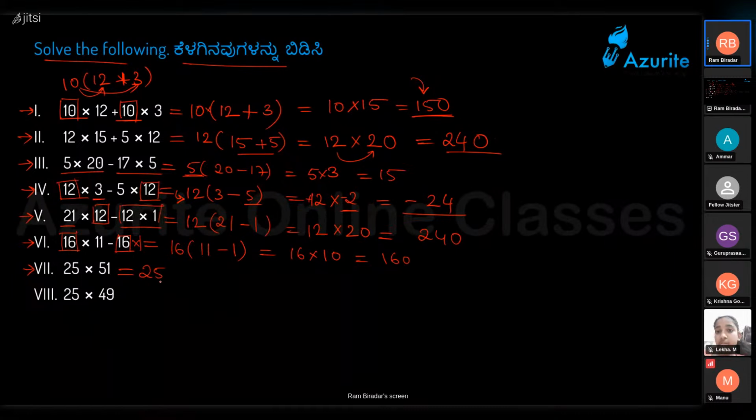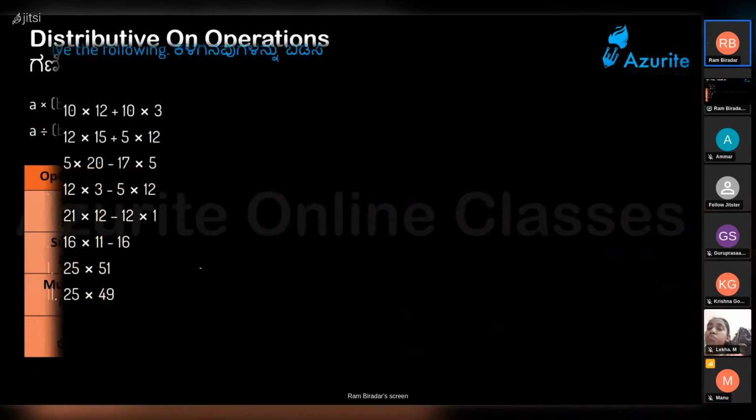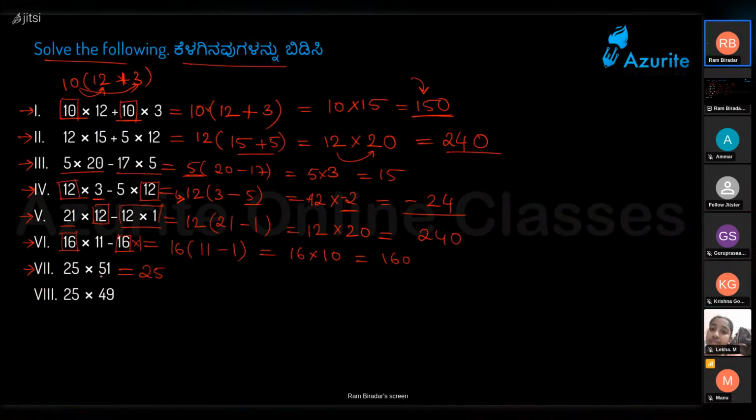Last time I explained this, remember? 15 into 32, how did we do it? Did we write 32 as 30 plus 2? Can we write 15 like that here too? Yes. How can we write 50 for easier calculation? 25 into 15 can be written as 25 into 50 plus 1, isn't it?